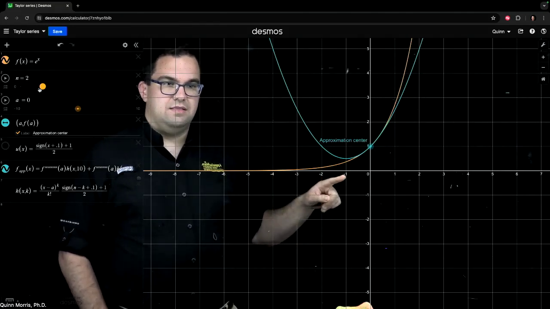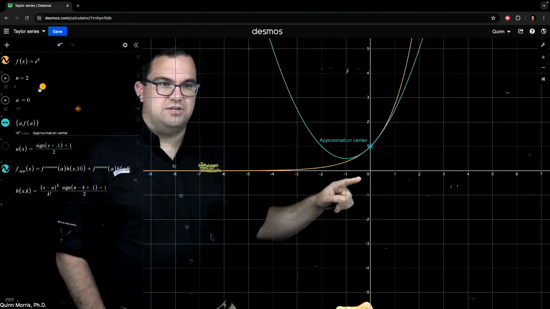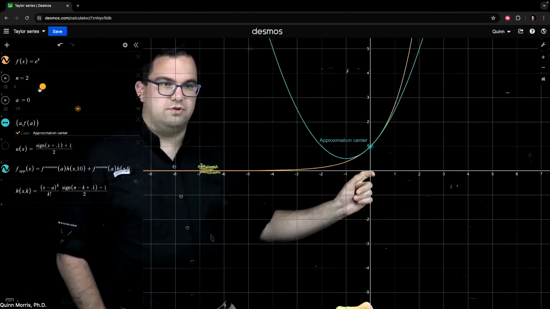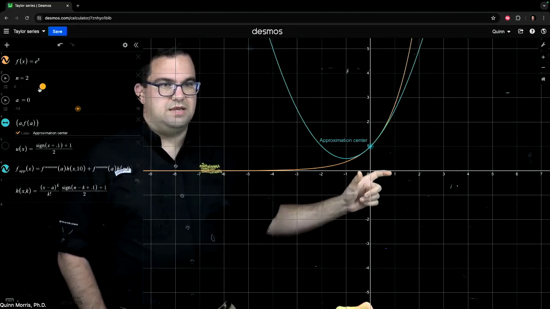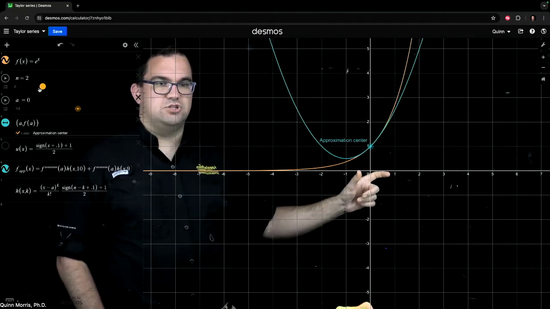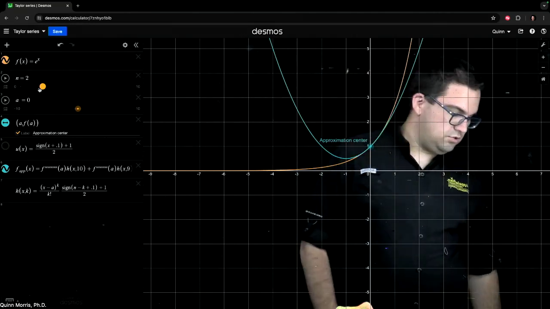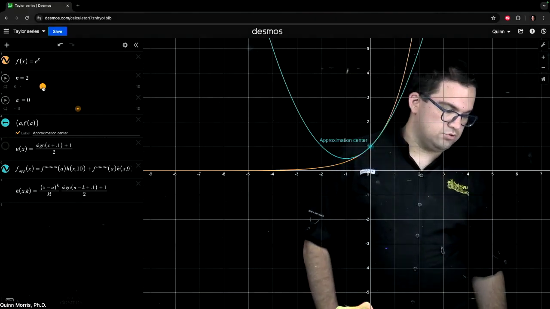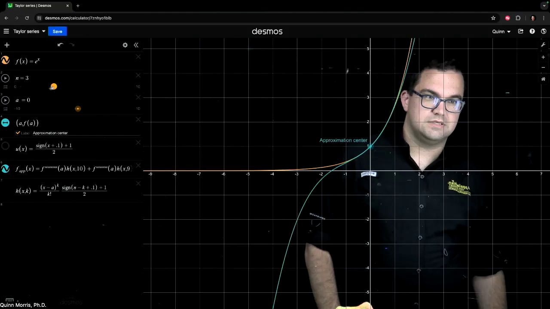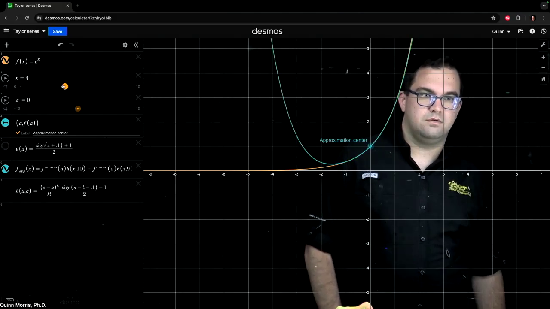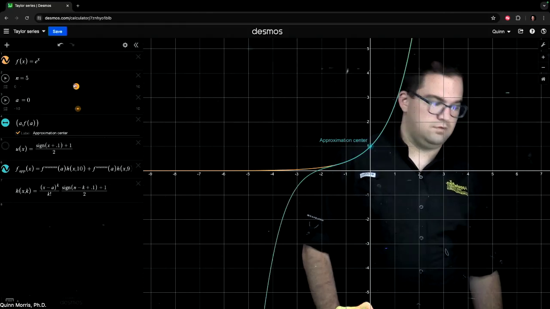You'll notice that now this is a better approximation a little further out. The interval on which this is a good approximation is larger than it was before. Okay? And so you can start to ask, what happens as I make this larger and larger? If I start increasing this: cubic, quartic, quintic.